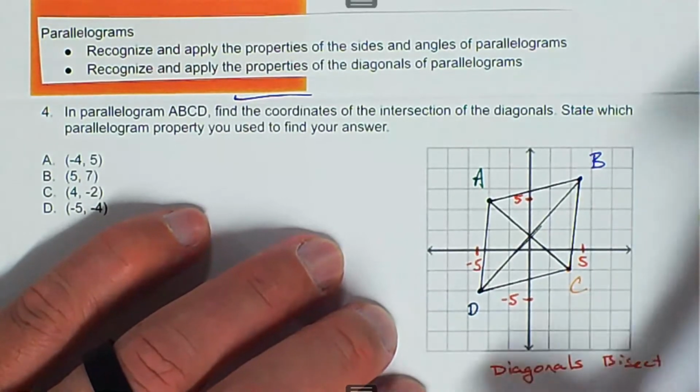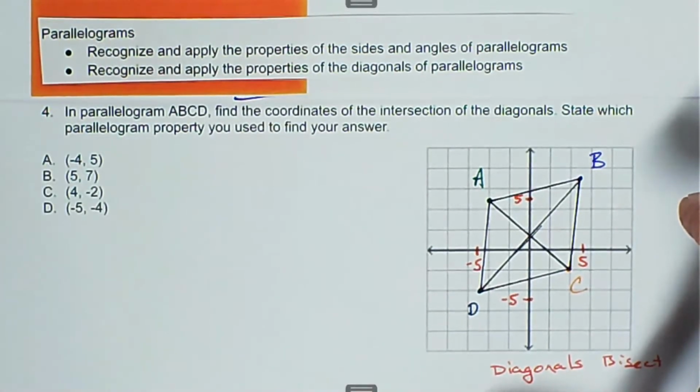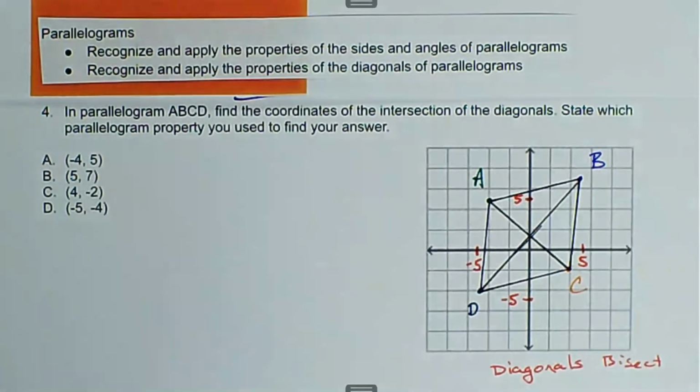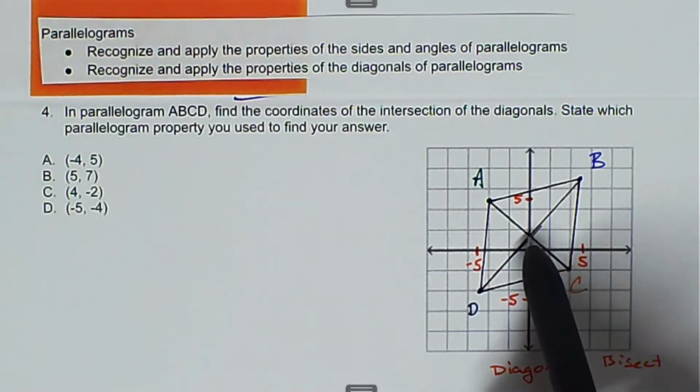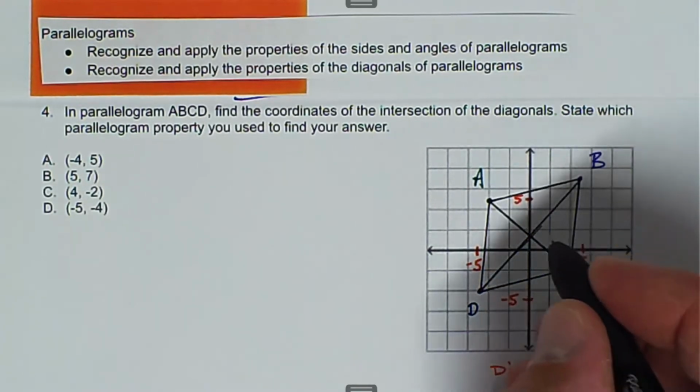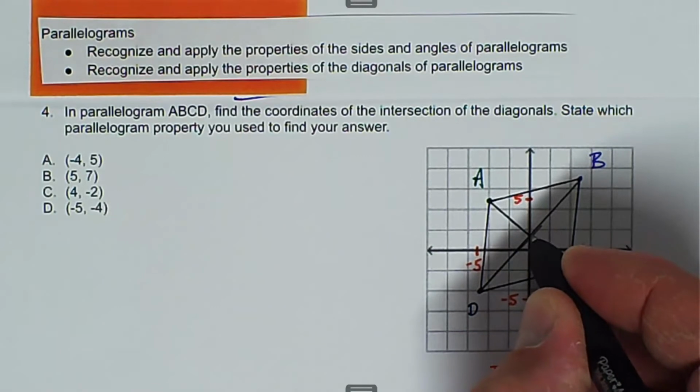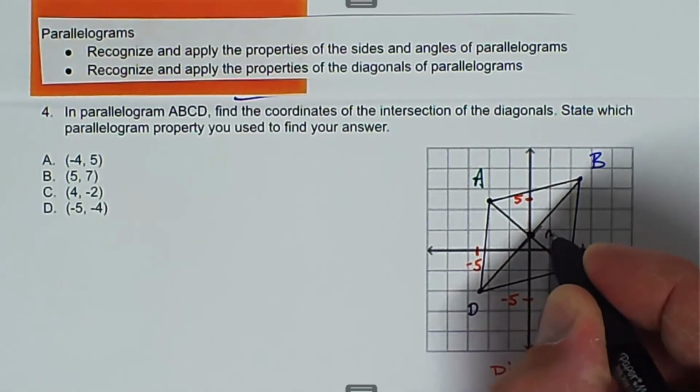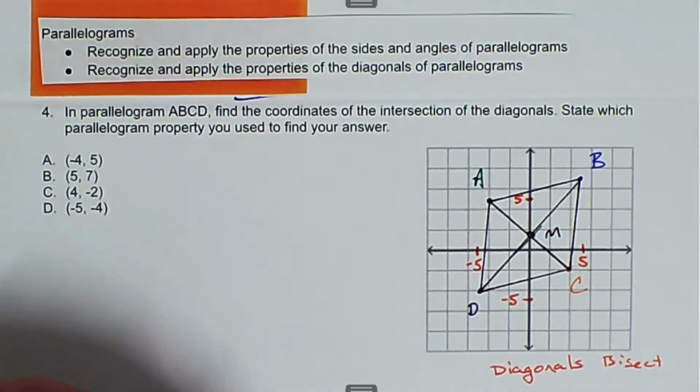So we have the intersection, and we can see that right now it looks like it's about 0, 1, but it doesn't cross exactly. So we want to check our answer. Now the intersection is happening at one point, so we only have to do one calculation here. And because diagonals bisect, both of these are going to happen at the same point.